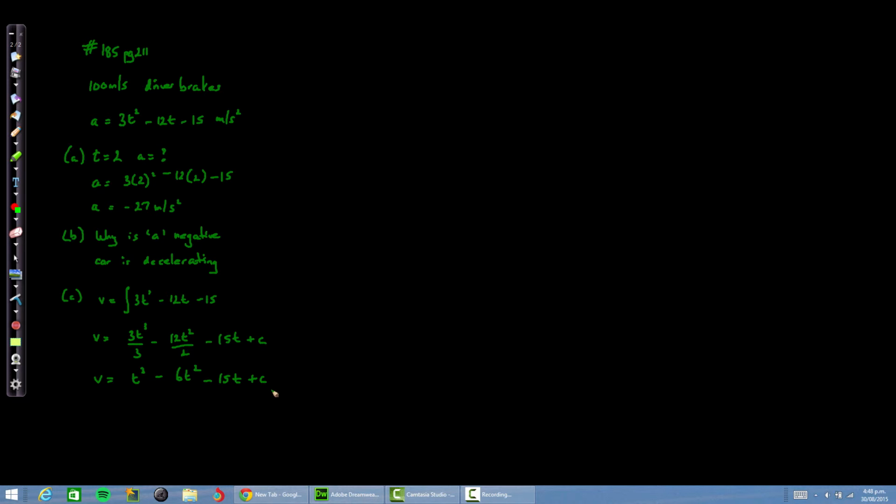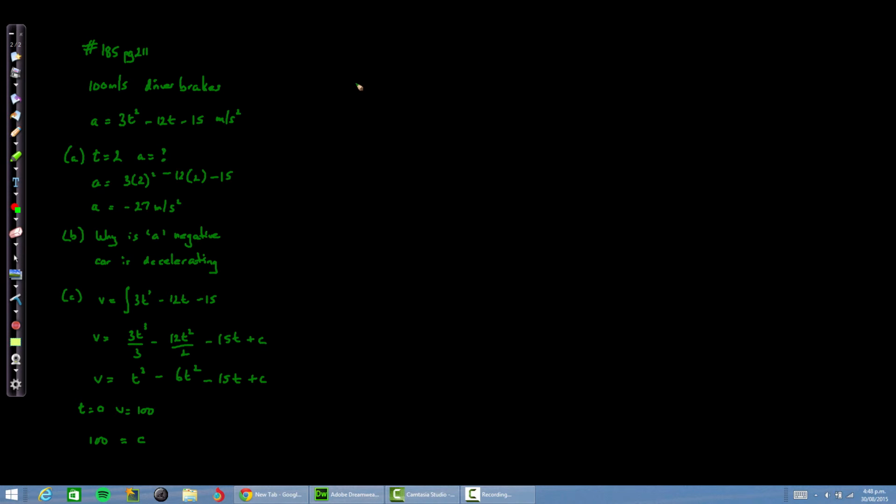Now how are we going to find this constant? Well, one thing that we were told right at the start was the car was traveling at 100 meters per second when the driver hit the brakes. So in other words, at t equals 0, the velocity was 100. So that means we can substitute the 100 in for v, and if you put 0 in each of those time places, then C would come out to be 100.